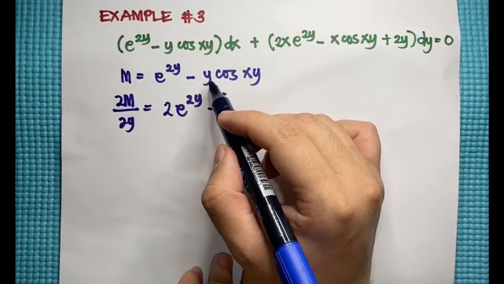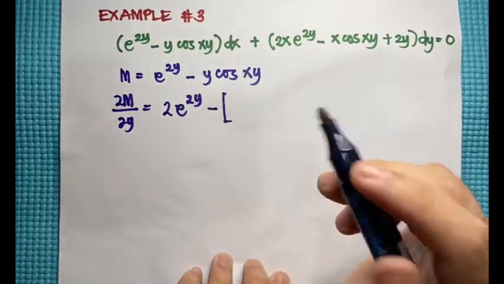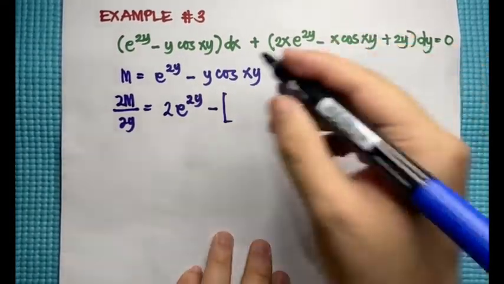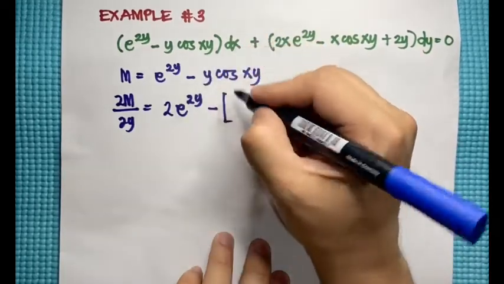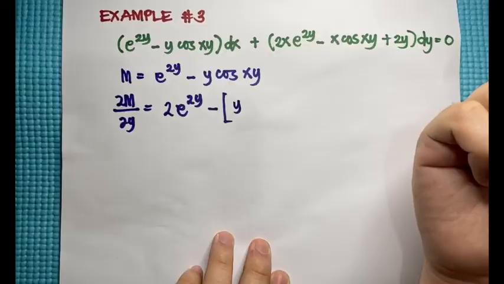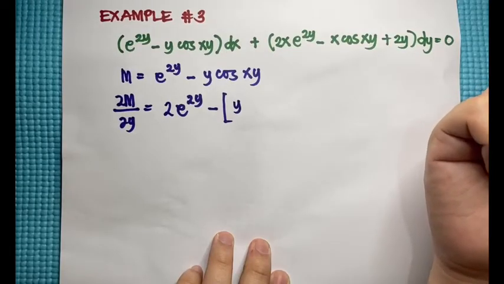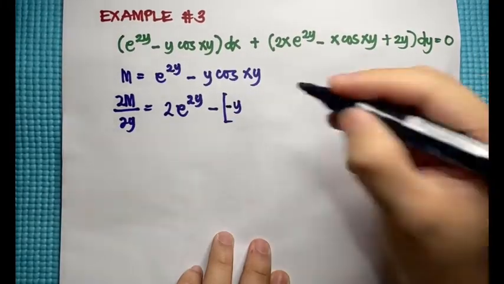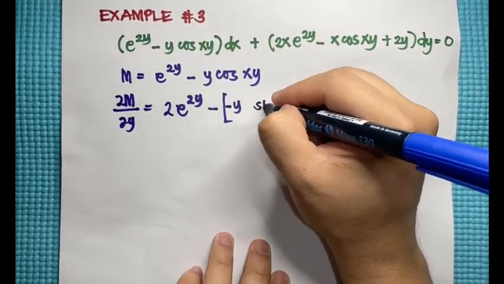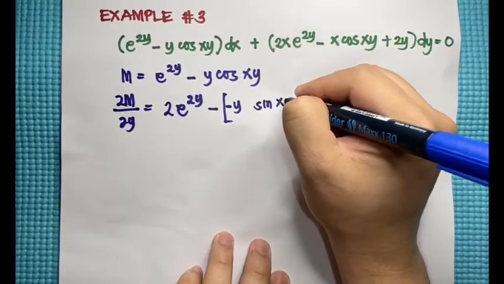Our u is y and v would be cosine xy. So the product rule, we have u dv, so u would be y, and then the derivative of cosine xy would be negative sine of xy.